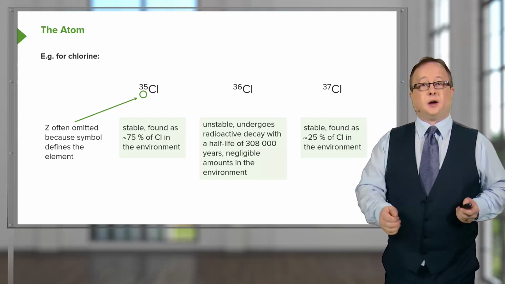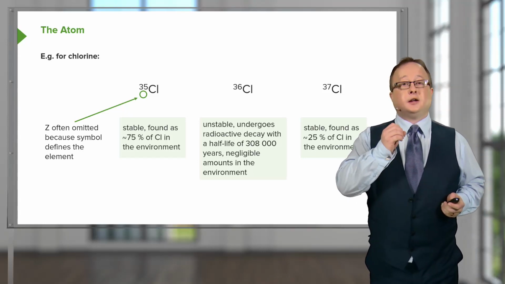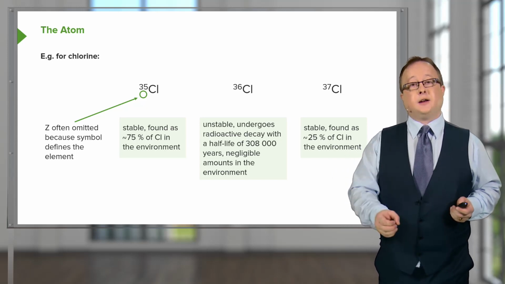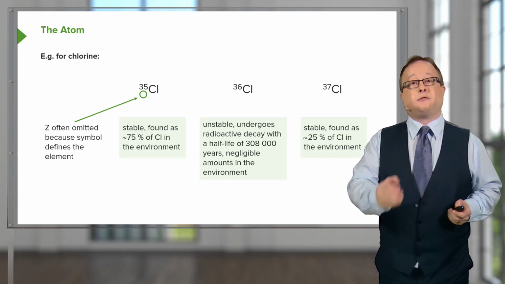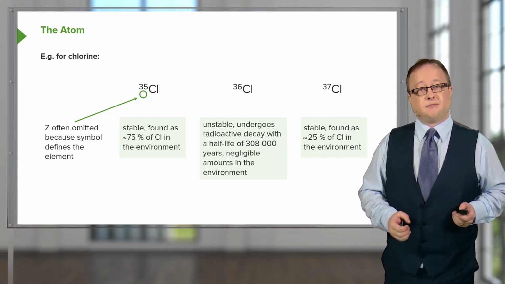As you will see sometimes with periodic tables, the Z is often omitted because the chemical symbol of a particular element automatically defined in the periodic table further defines the number of protons and electrons it must possess.